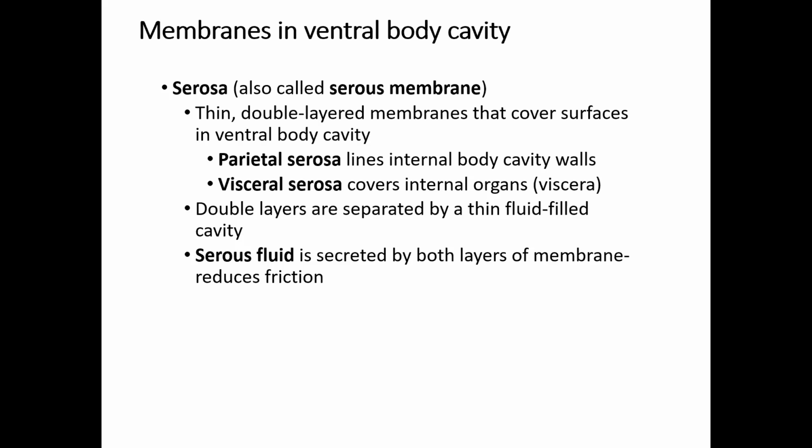We have the parietal serous membranes, the parietal serosa. Now consider you have the chest cavity. You have the various cavities inside the chest. You have the pleural cavity, for example.